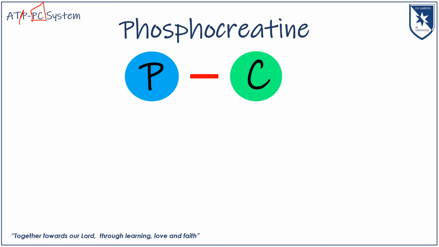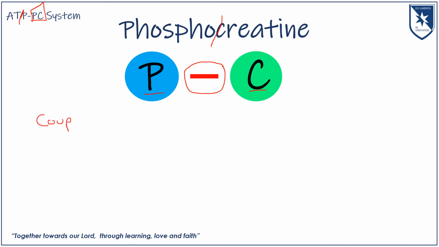PC stands for phosphocreatine, a compound that has two molecules: your phosphate and your creatine molecule, with an energy bond linking the two. Like I said, this can be broken down to refuel our ATP, and it's known as a coupled reaction.